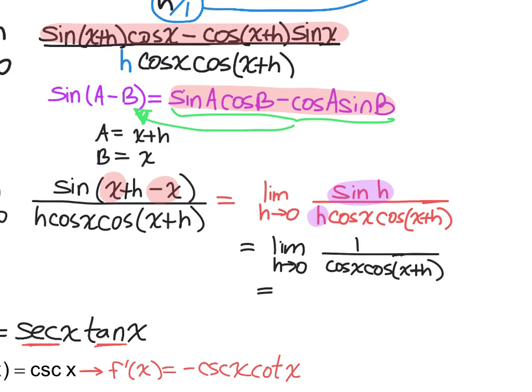So what's my equivalent expression here once I apply the limit? One over cosine x, cosine x, right? So cosine squared x, which I could represent as, what's 1 over cosine equivalent to? Not that. Secant.